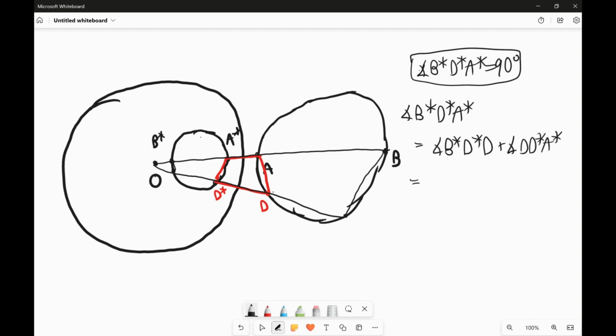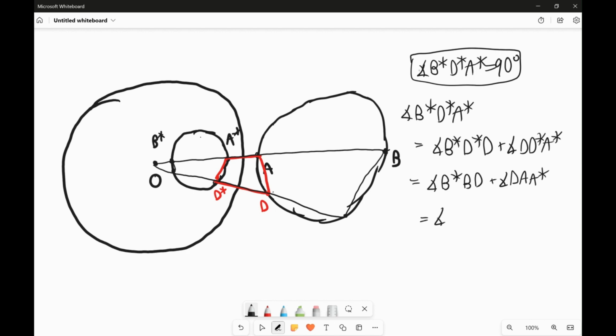Now we know that B star B D D star is cyclic, since OD star times OD is equal to OB star times OB, which is R squared. So that means that this is B star BD plus, and similarly A star A D D star is cyclic, so this is DA star.